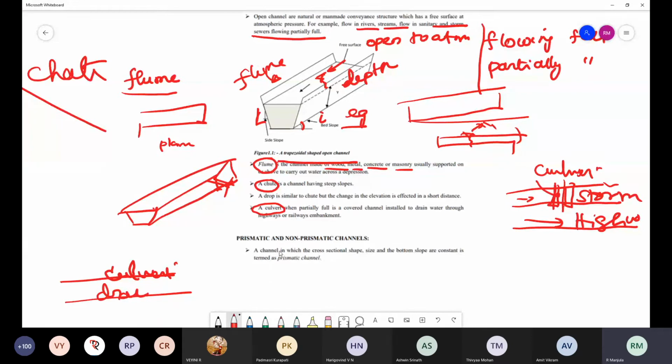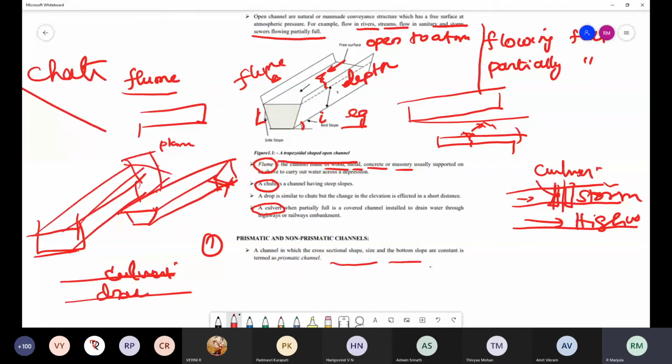The channel in which the cross-sectional shape, size and bottom slope are all constant throughout the section, everything is constant throughout the section, then you can say this is a prismatic channel. So shape, size and bottom slope are all constant throughout the length you are considering, then it is a prismatic channel.